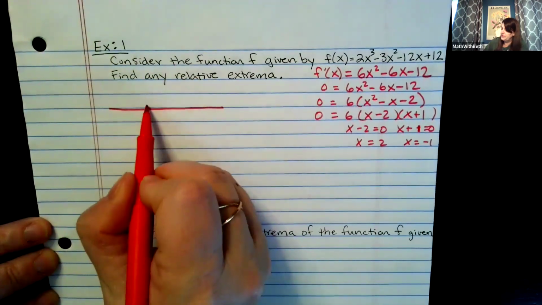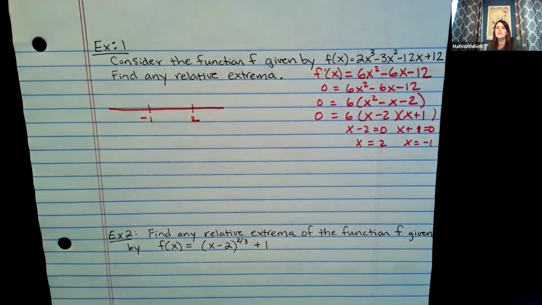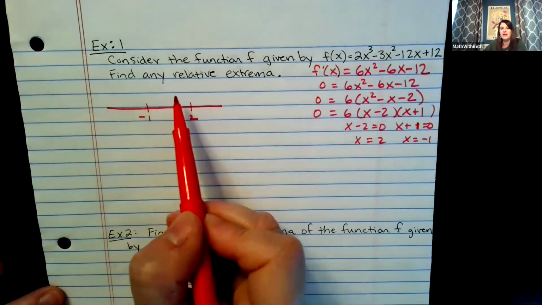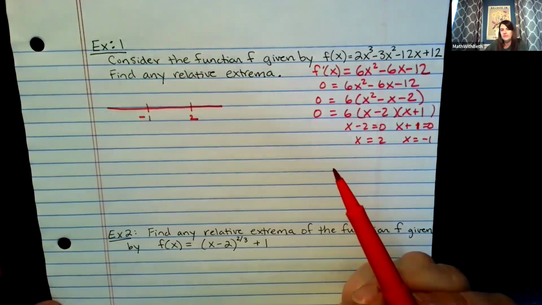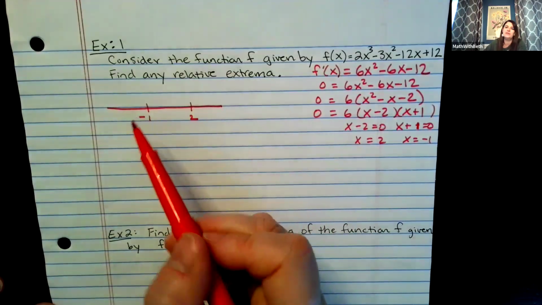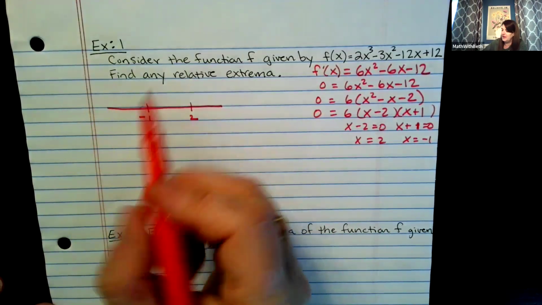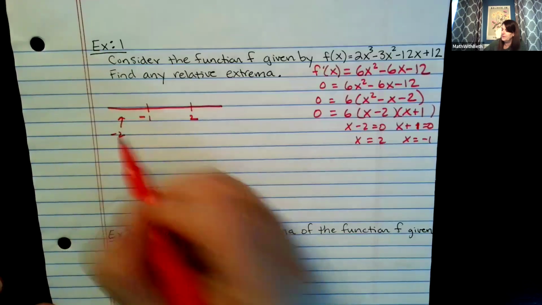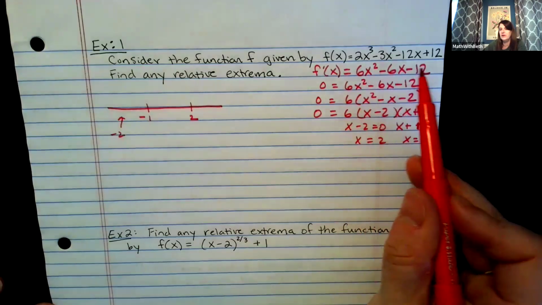So I'm going to put those on a number line to show that those are the 2 points that could be either relative max or relative mins. So now I'm going to test a point in each of these 3 sections into the first derivative to see if it's positive or negative. So over here, I could test something like -2. If I plug -2 into the first derivative, so you can do it here or here.